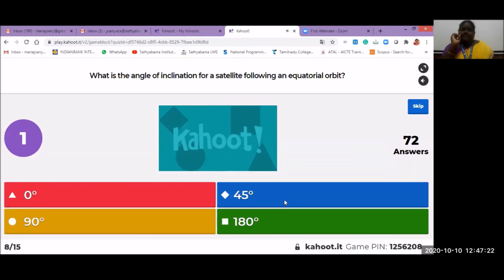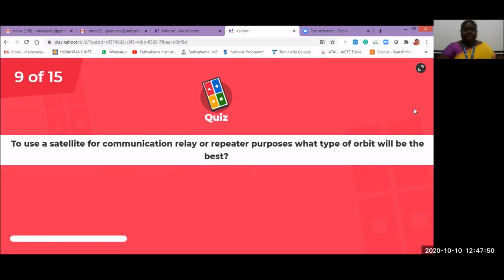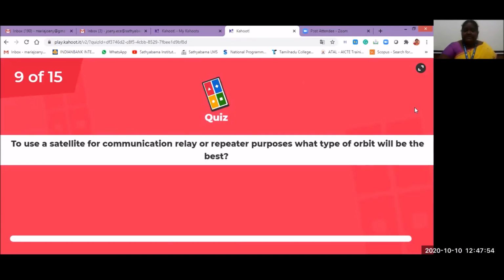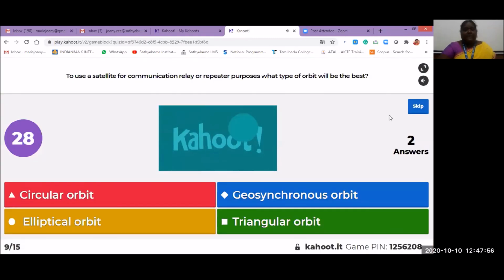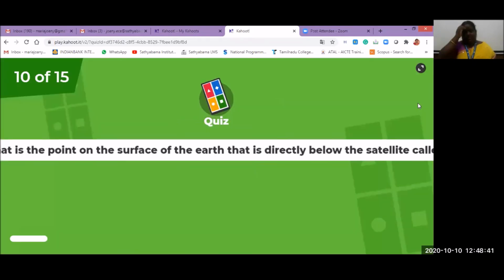So the answer here it is 0 degree. To use a satellite for communication relay or repeater purposes, what type of orbit will be the best? Geosynchronous. 37 people have answered it correctly.